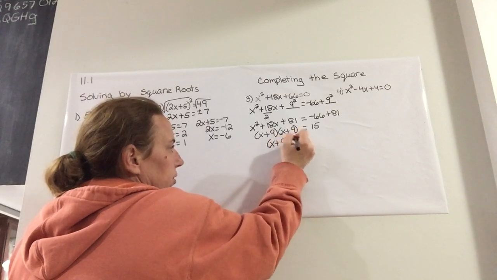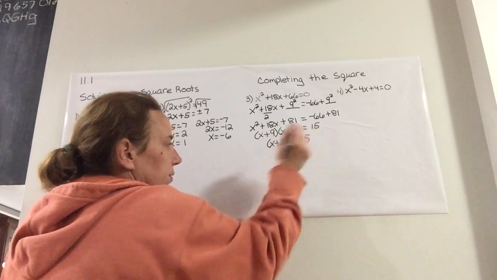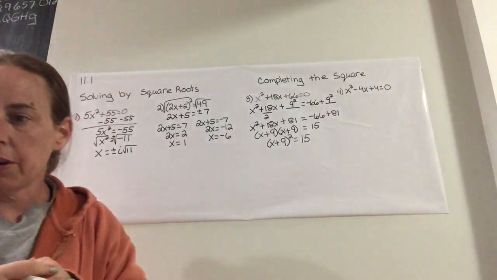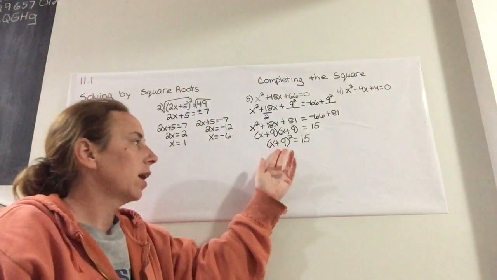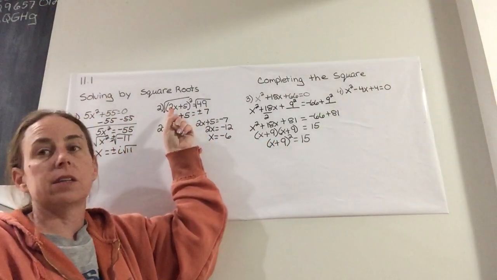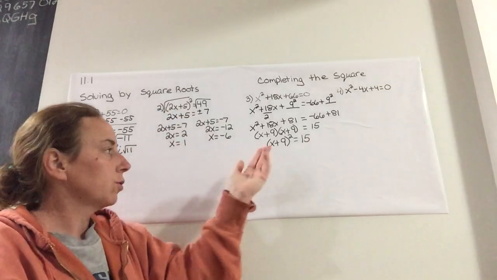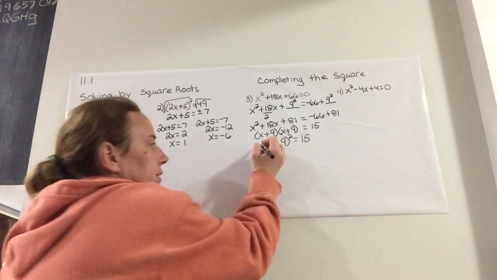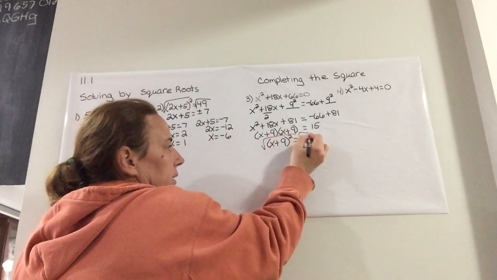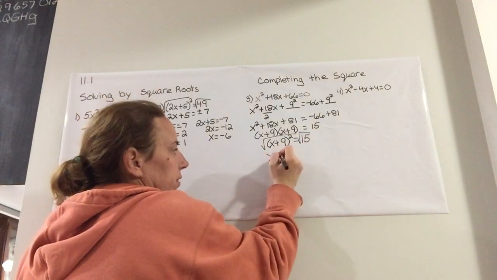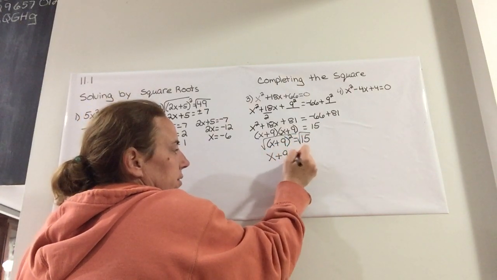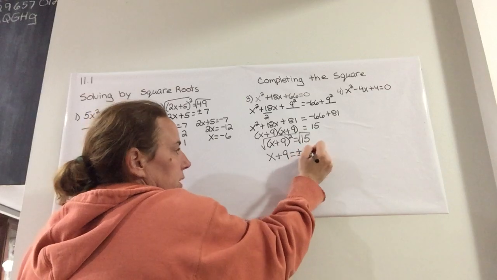So it's x plus 9 squared equals 15. Now, I have something that looks like what we did in number 2. So now I can take the square root of each side, and I'm going to get x plus 9 is equal to plus or minus root 15.